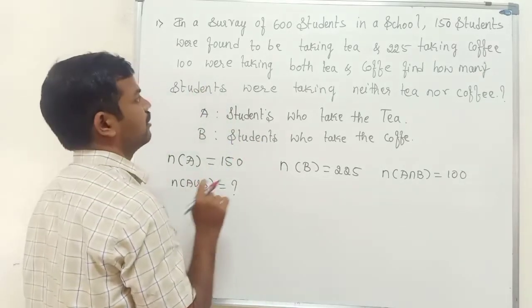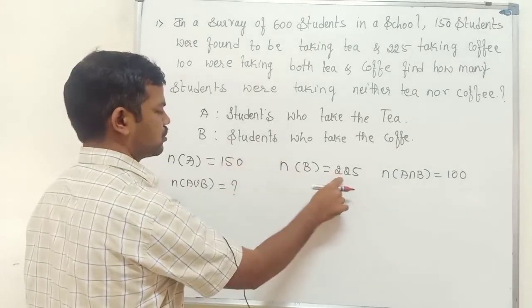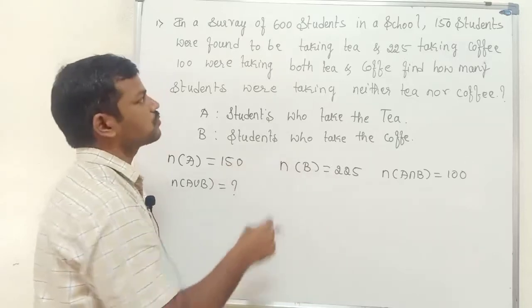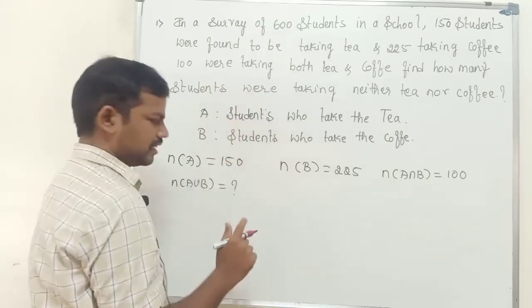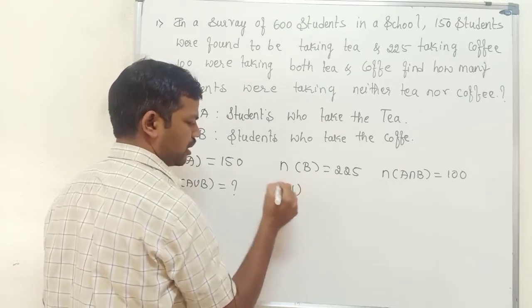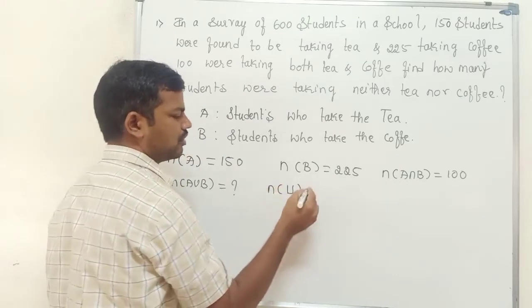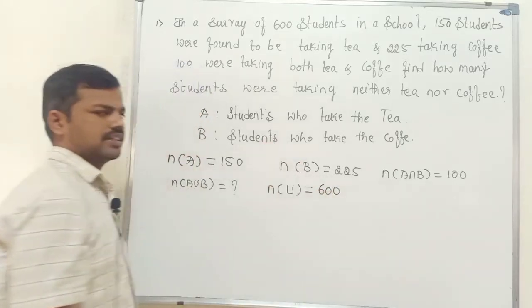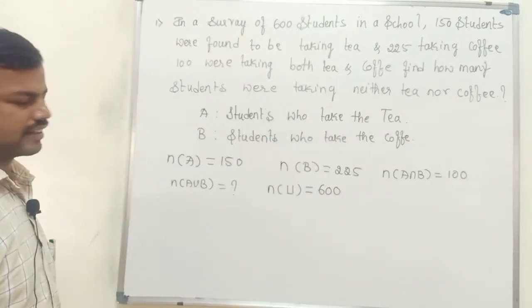Here 150 plus 225 gives 375, which is not exceeding 600. So the number of elements in the universal set is 600, and they have given us a universal set.